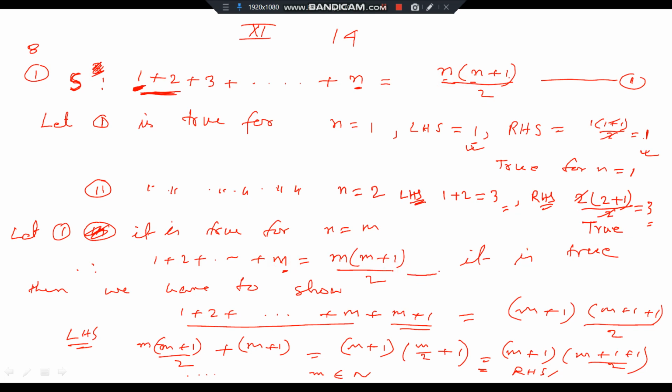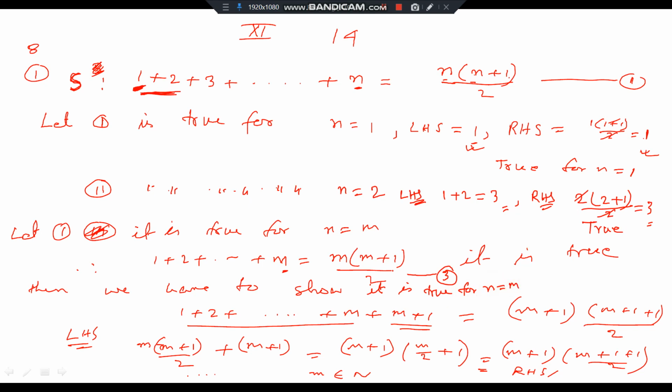Let's say this is equation number 3. You consider it is true. Then after considering n equal to m, we have to show that it is true for n equal to m plus 1.